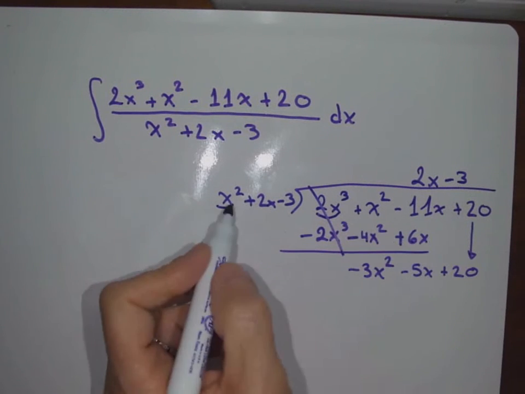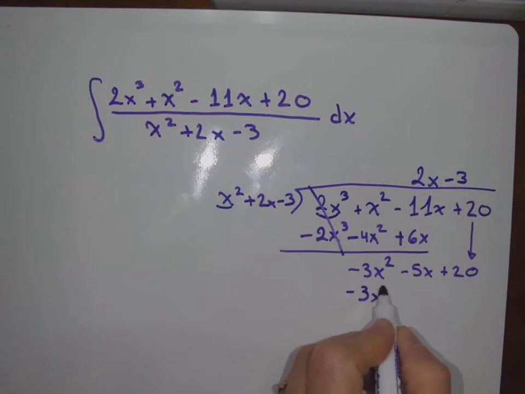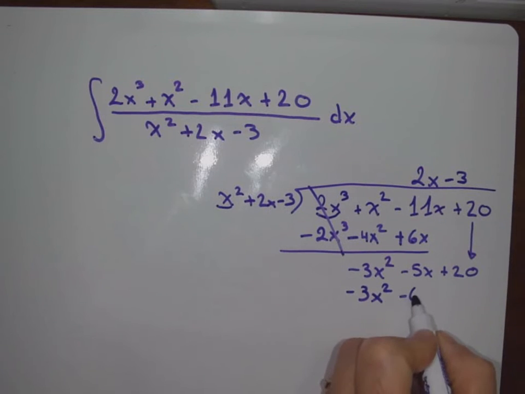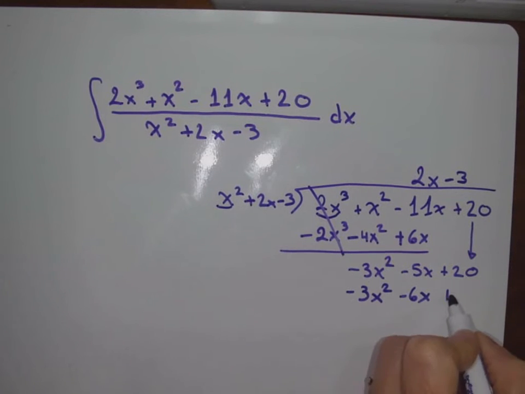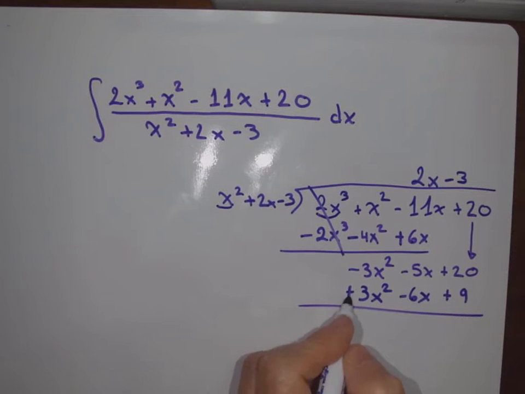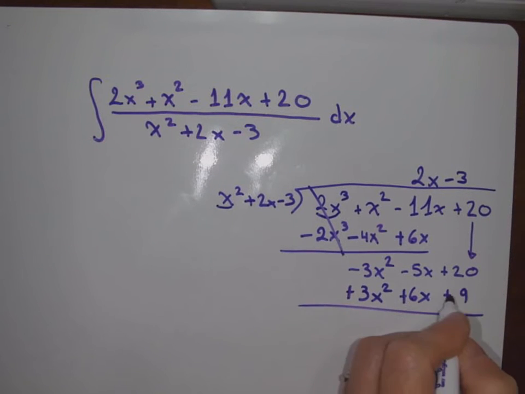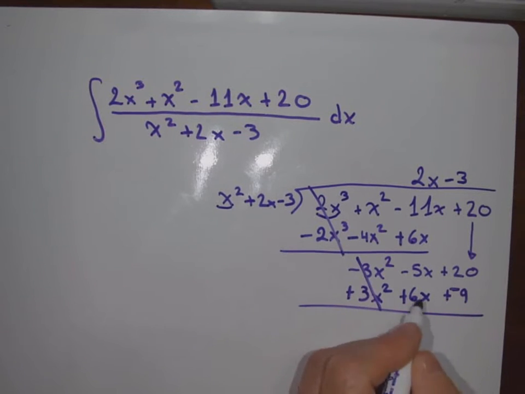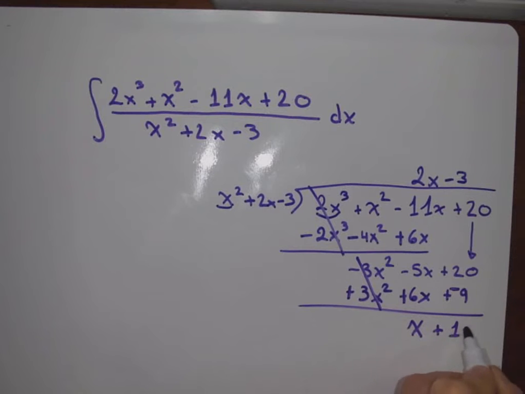And now I multiply. So negative 3x squared, negative 6x, and then positive 9. Now we have to subtract, right? So we change the sign. So minus becomes plus, and this one becomes a minus right there. And becomes just x, and then 20 minus 9 will be 11. And this is going to be my remainder, right? Because how do I know that?